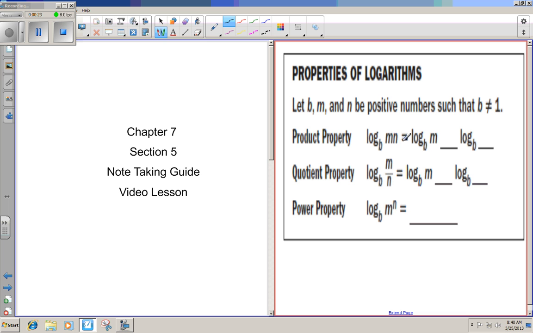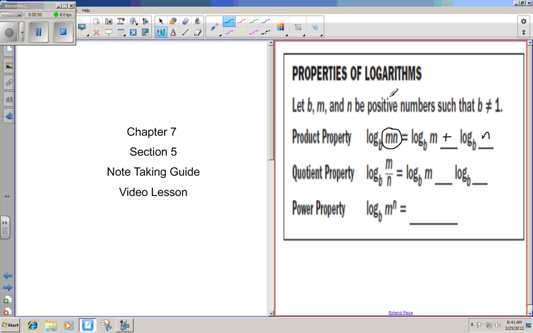These properties, you can see there's no numbers here, but they could be numbers, they could be variables. You just have to know that right here, this is multiplication going on between here and here. That means when you are taking the log of the product of two numbers, you can break that up and make it the addition of two logarithms.